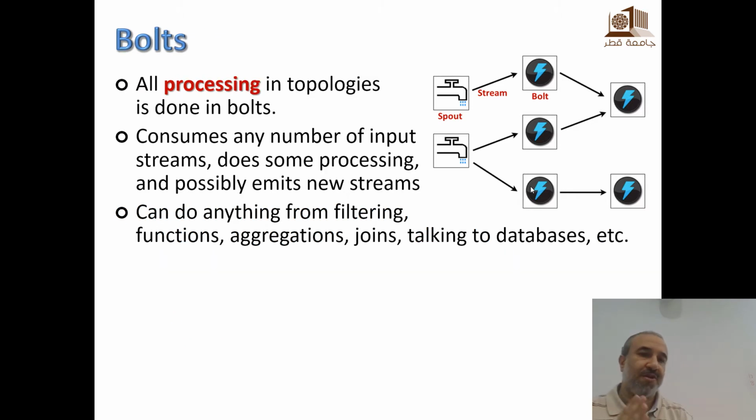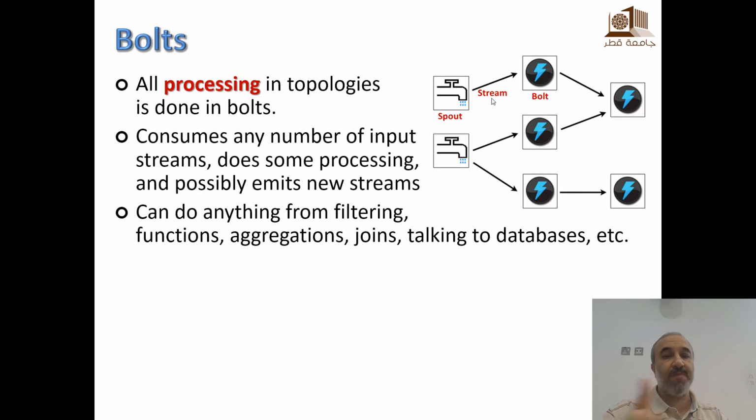Now, bolts, which is the third component, are the processing power of a Storm topology. This is where the processing or the transformations will be done to the streams. So it can be linked to one bolt or spout or more, depending on the application that you are doing, of course.